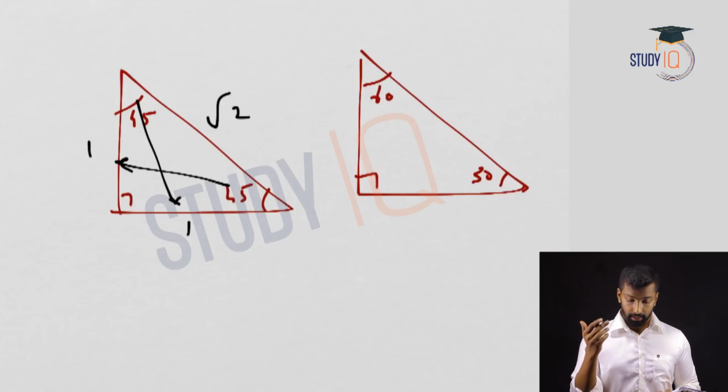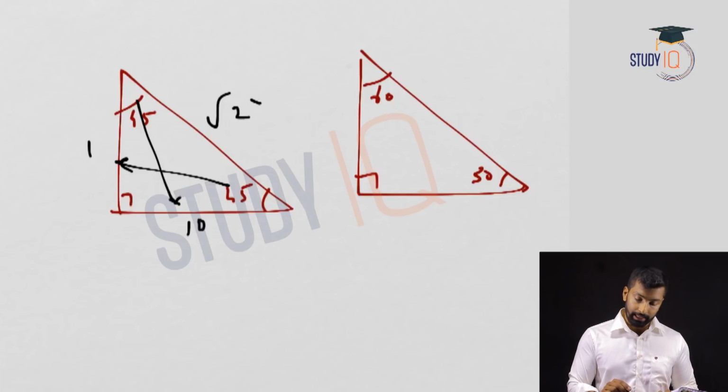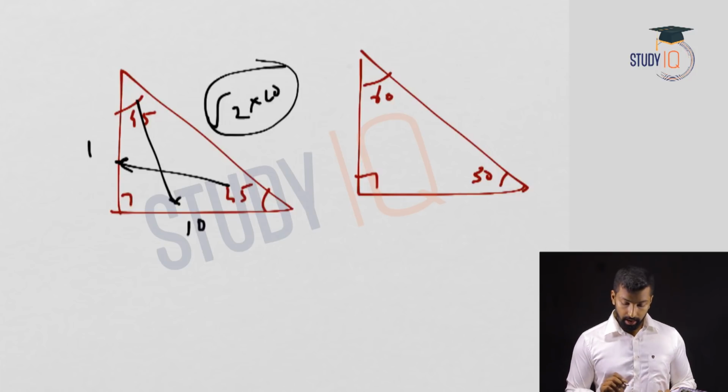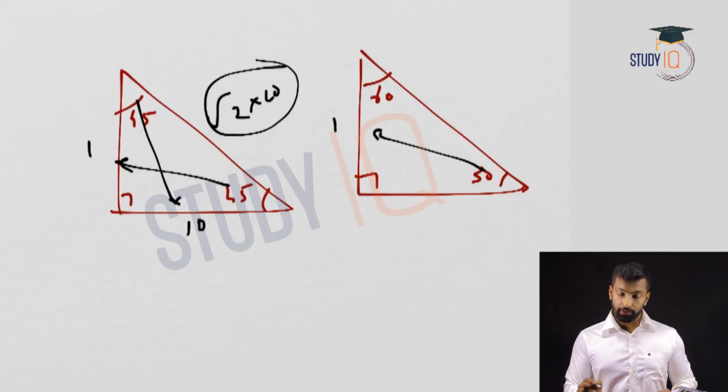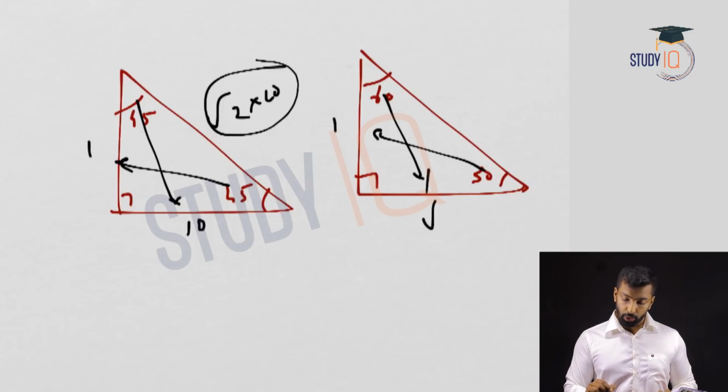If you know this, and I tell you this is 10, you can just multiply and get the answer here also. What about this one? Opposite of 30, the smaller one, is 1. Opposite of 60 is root 3, and 90 is 2. So 1, root 3, 2.